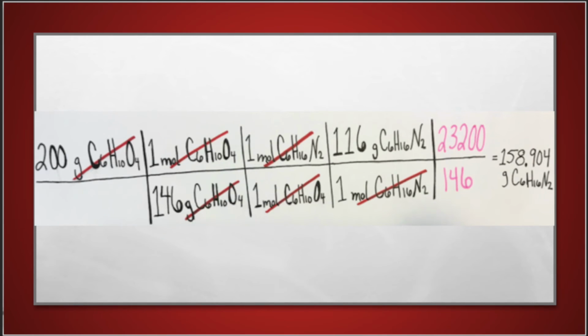When we multiply everything on top, we get 23,200. When we multiply everything on the bottom, we get 146. When we divide those two values by each other, we get 158.904 grams of C6H16N2, which is the total product answer.